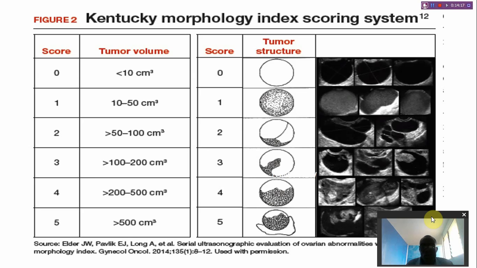So we are going to look at these tumors that are found on this page. So this here is talking about the tumor volume. So if you measure this tumor, the volume is less than 10 cubic centimeters. So it means this is research by the Kentucky Morphology Index Scoring System that ovarian tumors are in different ranges.